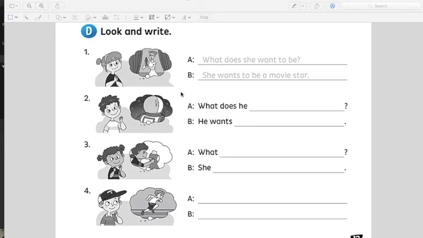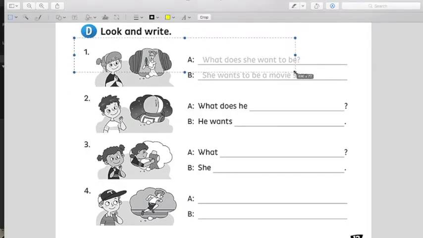Here we are on letter D. So let's take a look at number 1. So we'll have to write a question just like we see here, and an answer that has to do with the picture here. So it looks like we have a girl. That's why we use she. And she is dreaming about being a movie star.